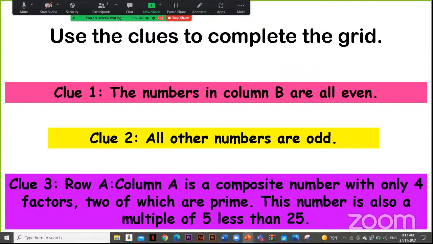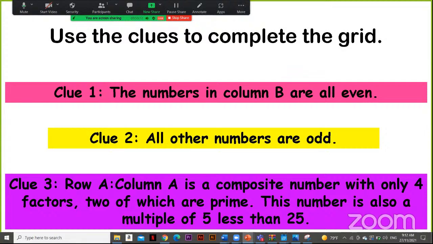And we know that factors are those numbers when you multiply them, like 2 multiplied by 1 equals 2. 1 is a factor, 2 is a factor of 2. Those two numbers that we multiply together and we get an answer. Those two numbers are the factors of whatever the product is.